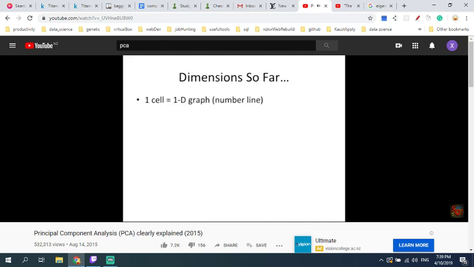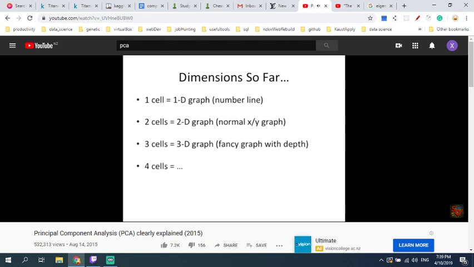So this is what we know about dimensions so far. If we have one cell's worth of data, we only need a one-dimensional graph, which is just a number line. If we have data from 2 cells, then we need a two-dimensional graph, which is just an XY graph that we learned about in 5th grade. If we have data from 3 cells, then we need a three-dimensional graph. That's a fancy graph with depth.